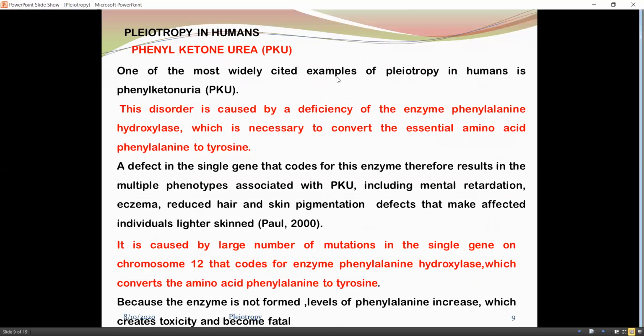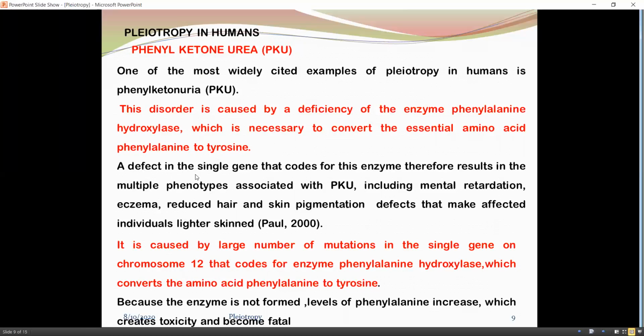Phenylketonuria (PKU), one of the most widely cited examples of pleiotropy in humans, is PKU. This disorder is caused by a deficiency of the enzyme phenylalanine hydroxylase, which is necessary to convert the essential amino acid phenylalanine to tyrosine.